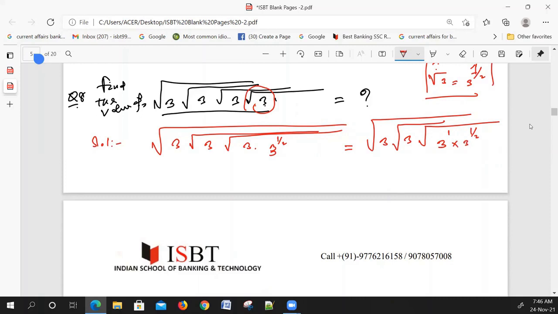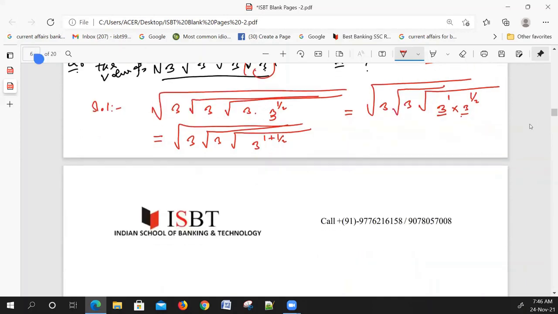Okay, इससे हम लिख सकते हैं now under root of 3 under root of 3. Then since the base is equal, we can write 3 into 1 plus half.